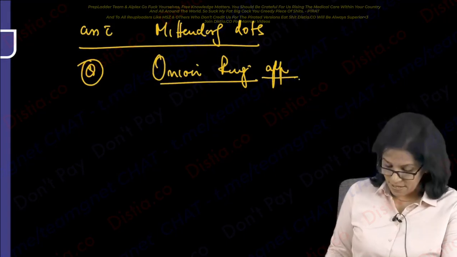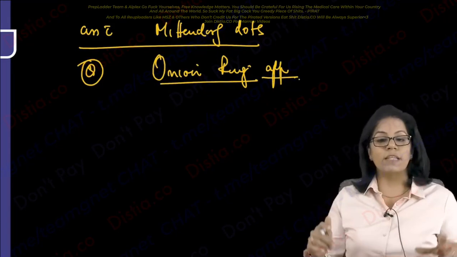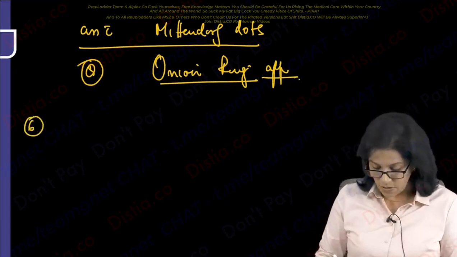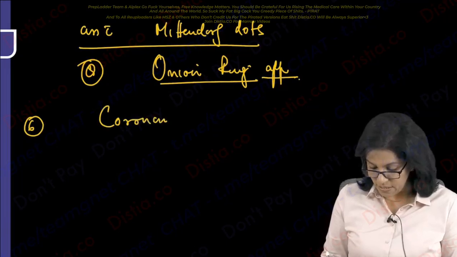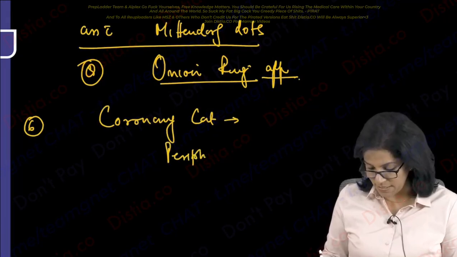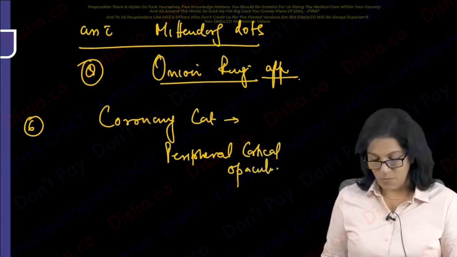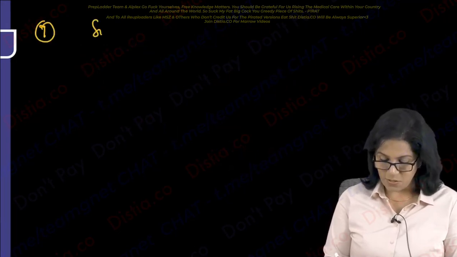Next type, number 6. There could be just peripheral cortical opacities, which are called coronary cataract. So what are coronary cataracts? They are peripheral cortical opacities. What else? Sutural. What is sutural cataract?